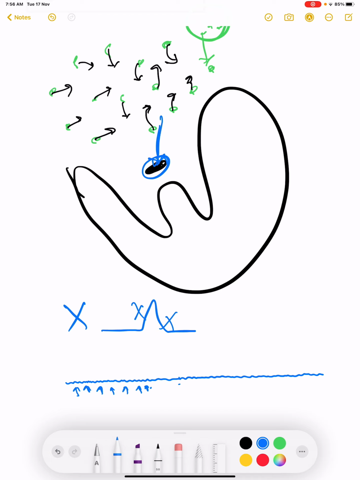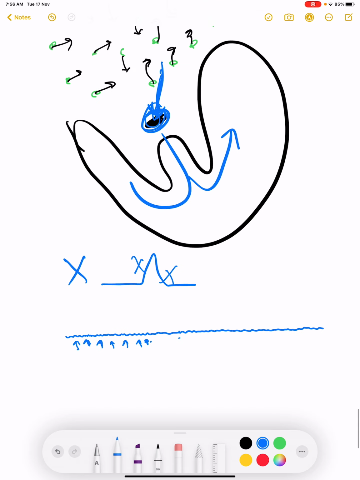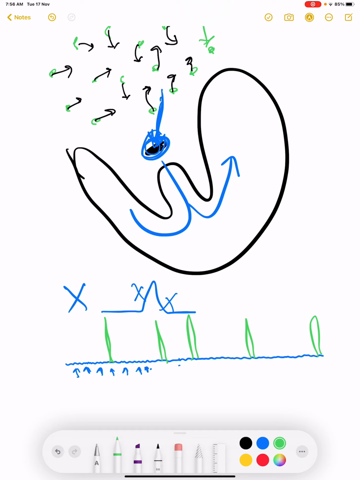And when some of the wavelets become strong enough and reach the AV node, then the impulse will be conducted. So the impulse will not be regular. Sometimes it will reach early, sometimes later on, and it will be irregularly irregular because there will be no pattern. We don't know which wave will reach the AV node and be conducted.